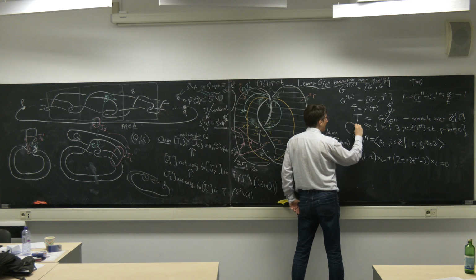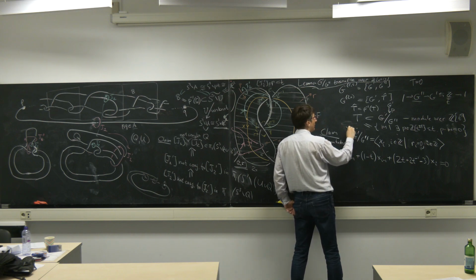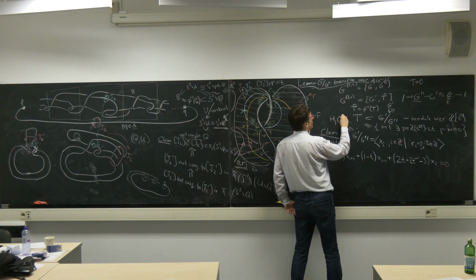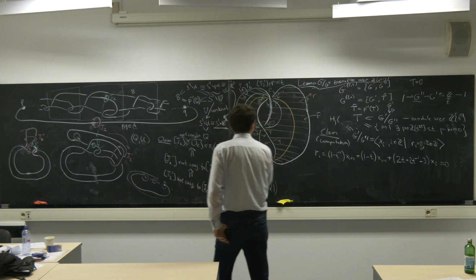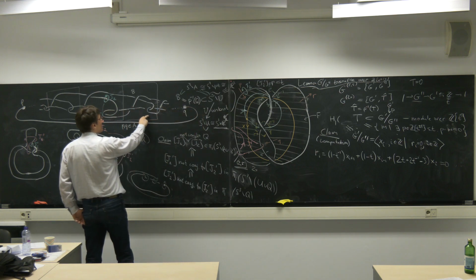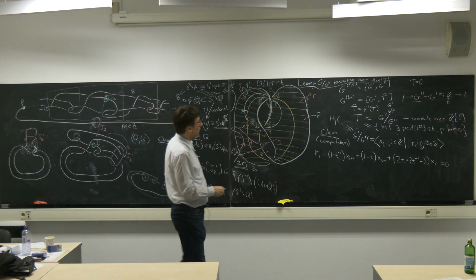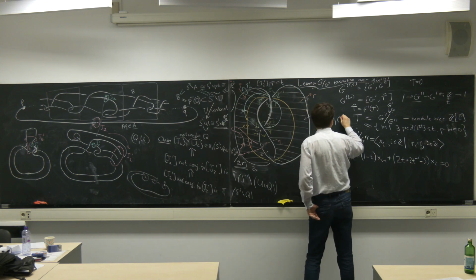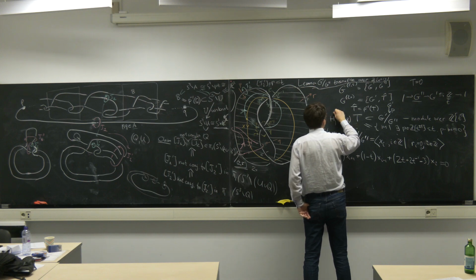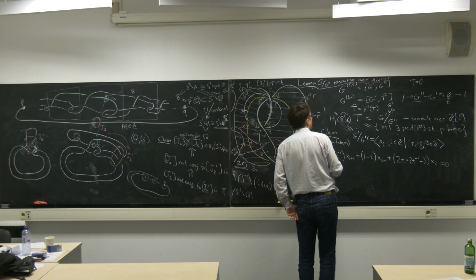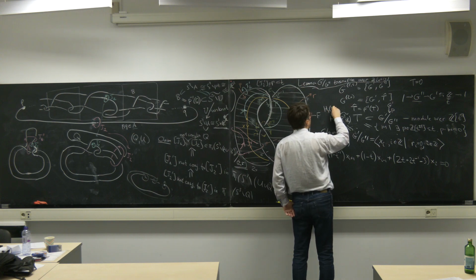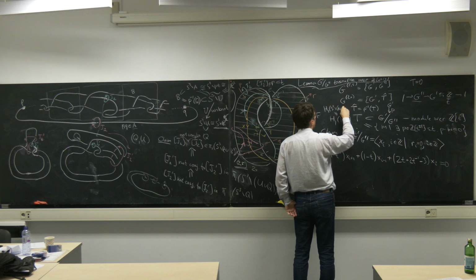So maybe I should write that this is isomorphic to H1 of the complement to our, well, so here we really have this B. So I can write R3 minus B, or I can write an infinite cyclic cover of that, or I can write S3 minus A union B, and the infinite cyclic cover of that.